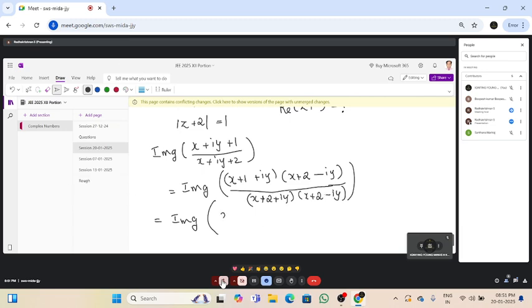So this one will become (x + 1)(x + 2), one real part. I'm taking this as one unit, like a bracket. Now iy into −iy is −i²y², which is plus y². So these all go into the real part. And what goes into the imaginary part? (x + 1) into iy.